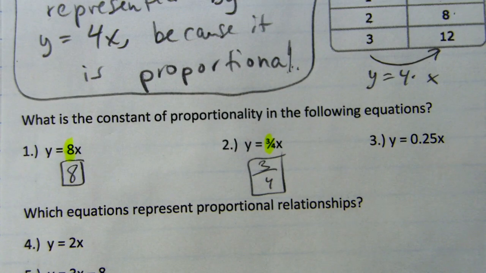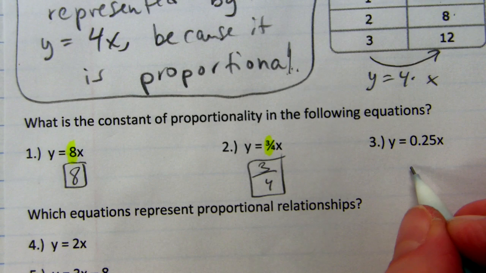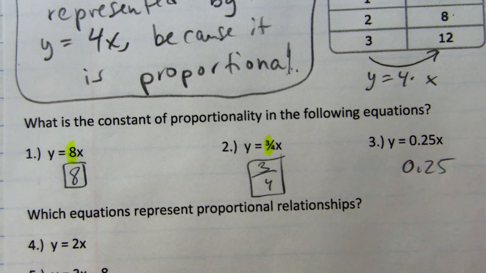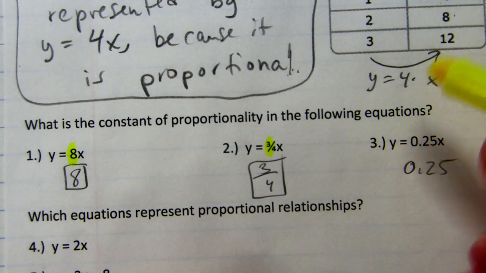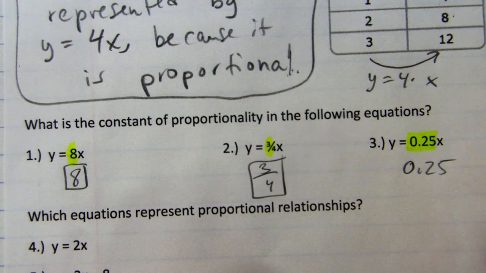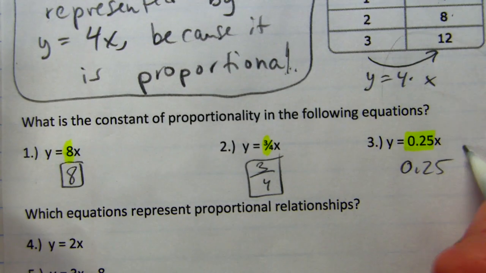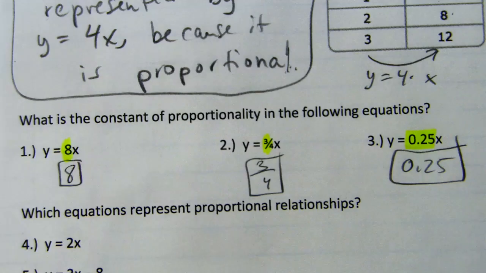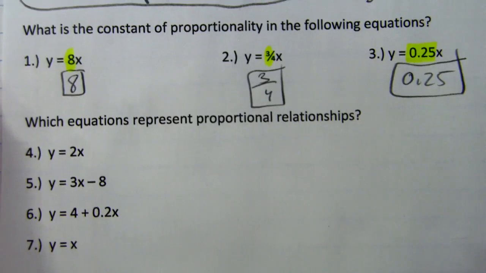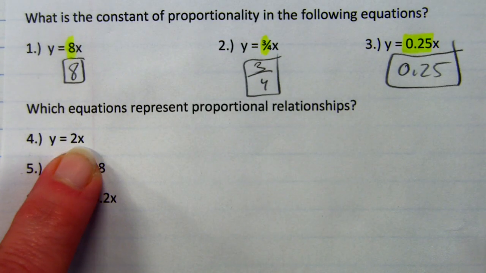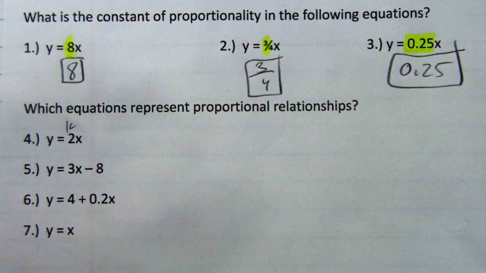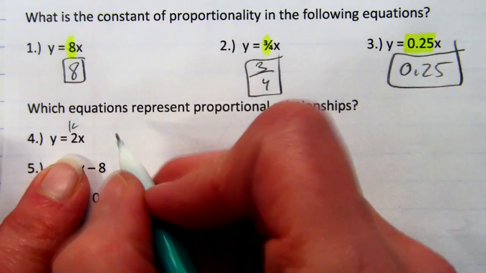So what would it be for number 3? 2.5. 0.25. You're literally just snatching it out of that equation. It's next to the x. So it has to look like y equals kx if it's proportional. If they add or subtract other things, then it's not. So number 4 would work because I could have k equals 2, and it says which ones are proportional relationships.